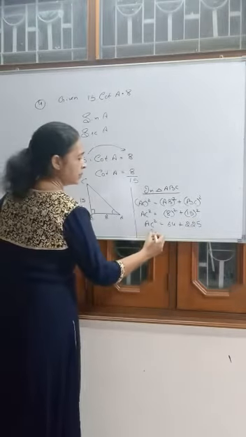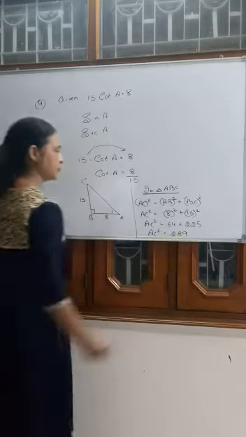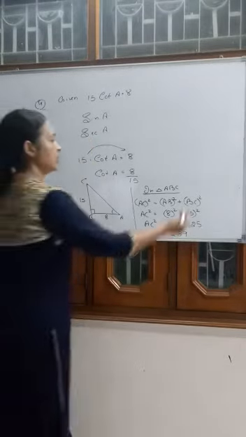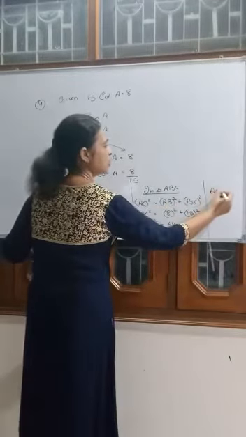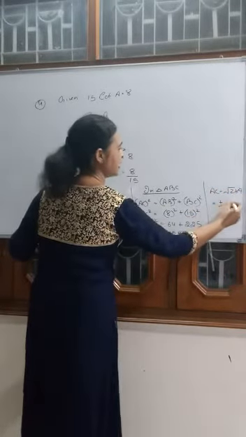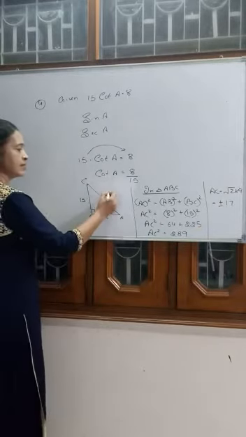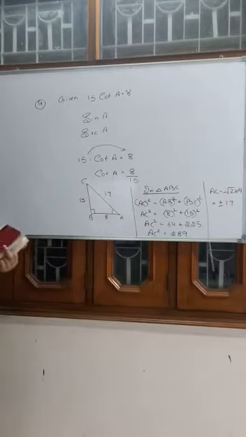What will you get? 289. What is AC? Under root 289, that is plus minus 17, and we will take only positive value. Value of AC is 17 units.